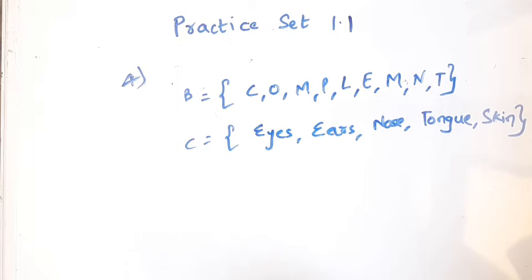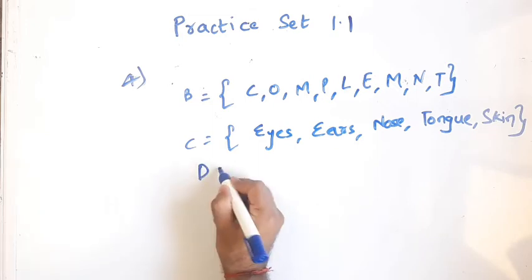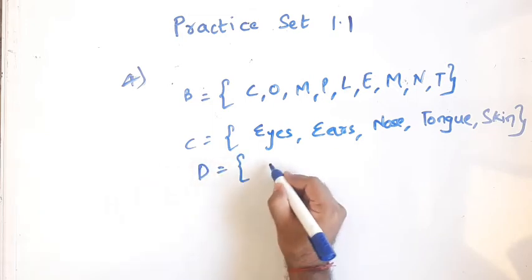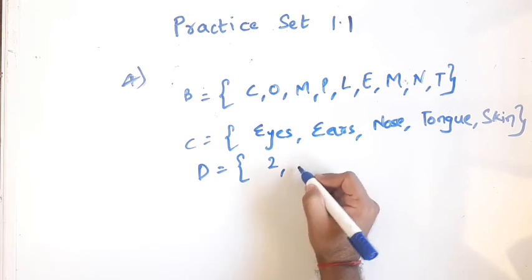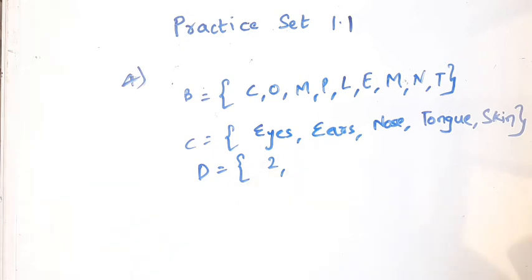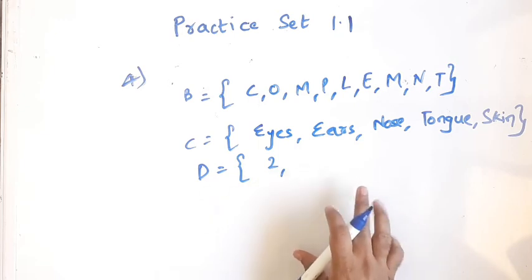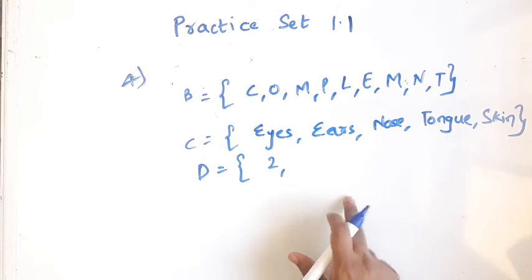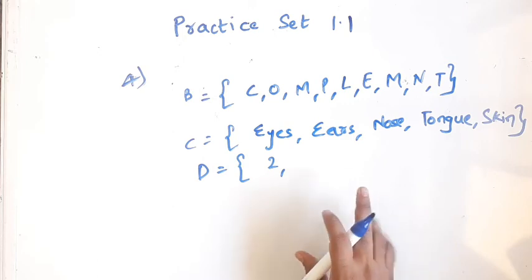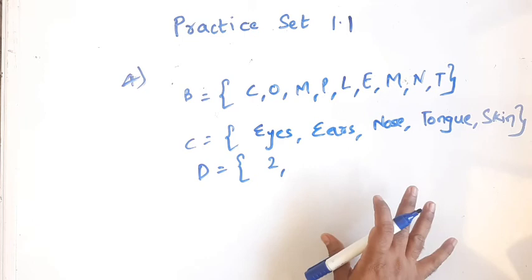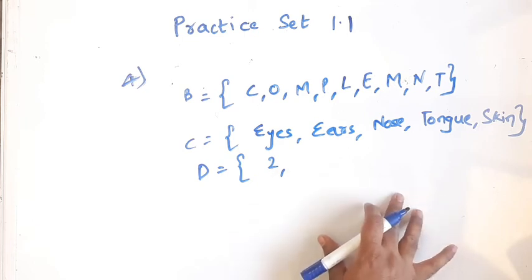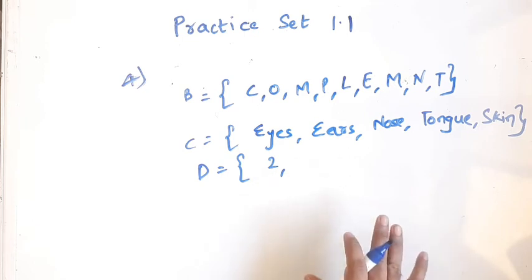Then you have set of all prime numbers from 1 to 20. Prime numbers start from 2. For those who don't know prime numbers, what are prime numbers? Prime numbers are the numbers which don't have any factors other than 1 and itself. To be very simple, I would say the numbers which don't come in any of the tables, like 17. 17 does not come in any of the table.